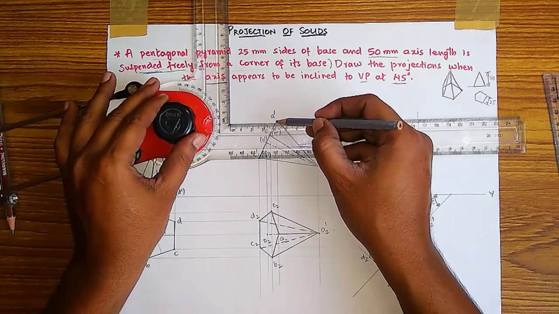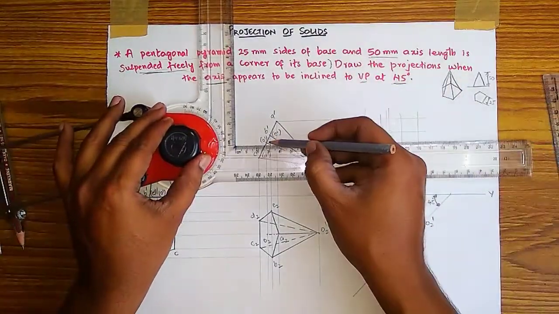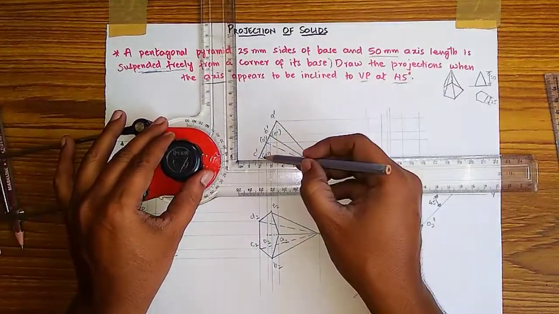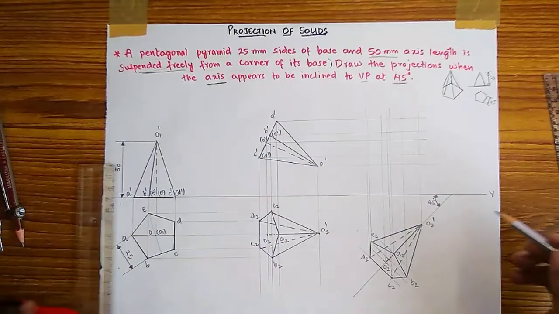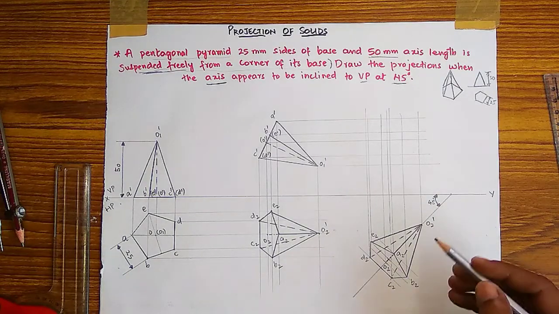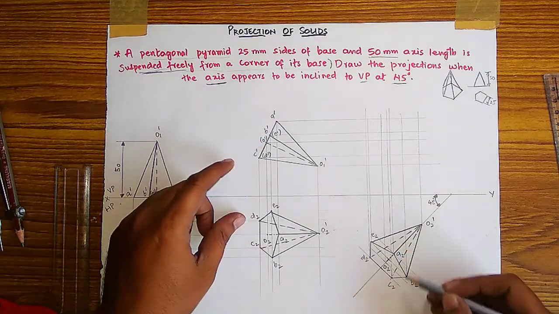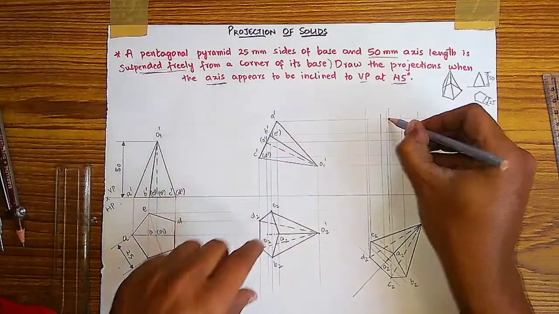Then from this front view of the second projection of the pyramid, we have to take the projection lines from each point, and after taking the projection lines, you have to mark the points by seeing where they are meeting here.